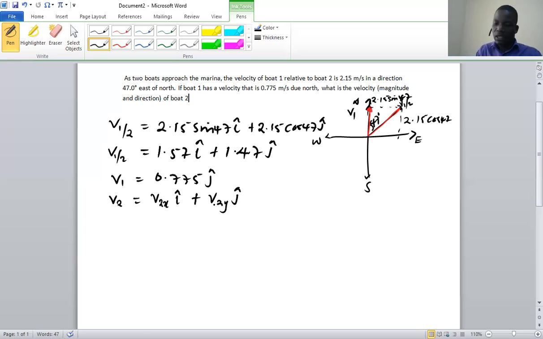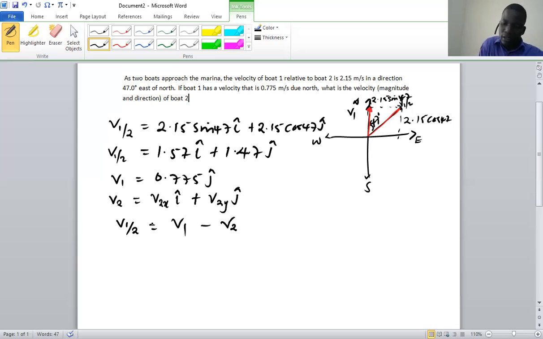According to relative motion, the relative velocity of 1 to 2 is given by the velocity of 1 minus the velocity of boat 2.